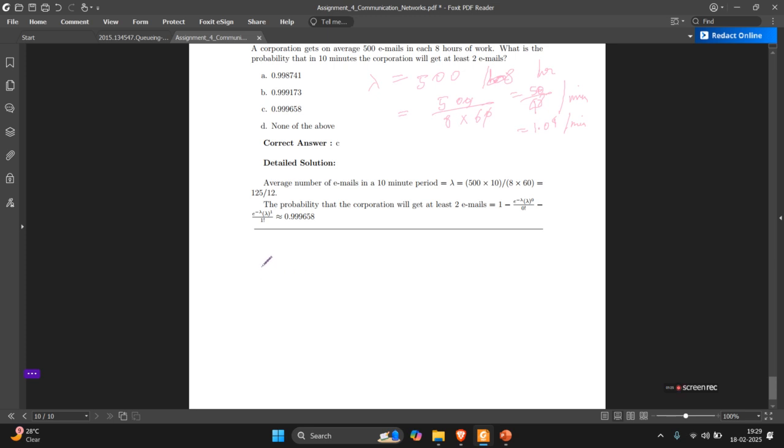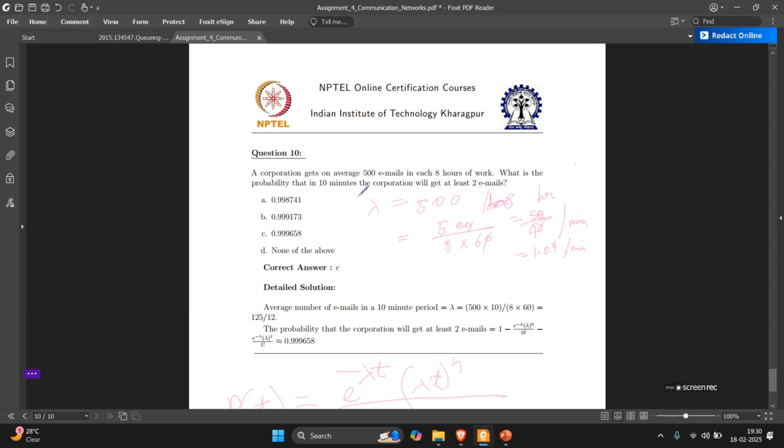Now the probability that the corporation will get 2 emails: we have learned that the probability that we get n packets in time t is e to the power minus lambda t, times lambda t to the power n, divided by n factorial. Here we have to find the probability for 10 minutes.